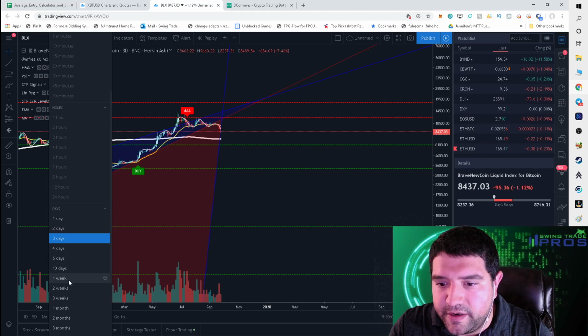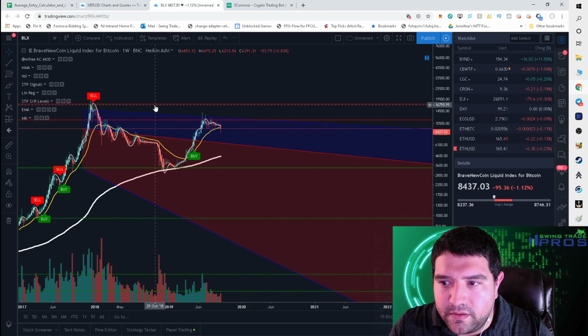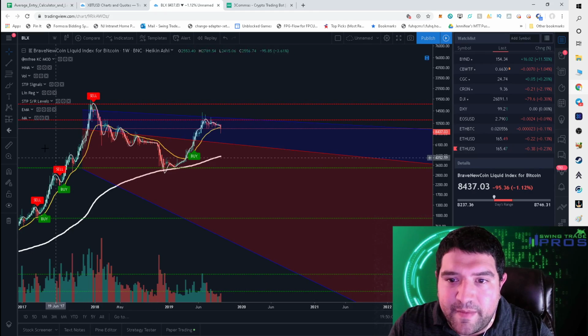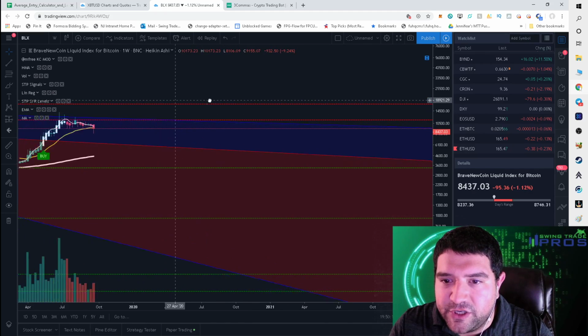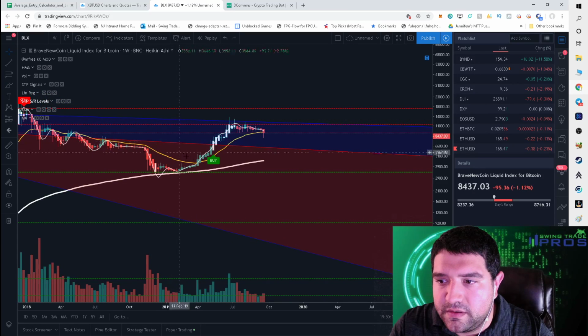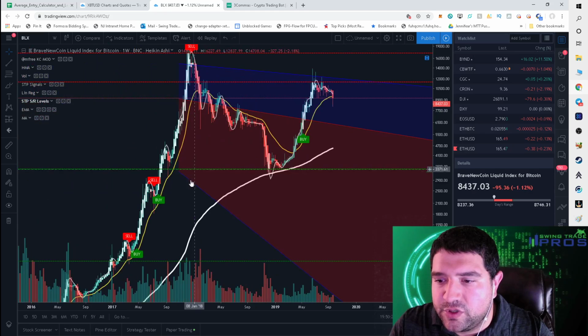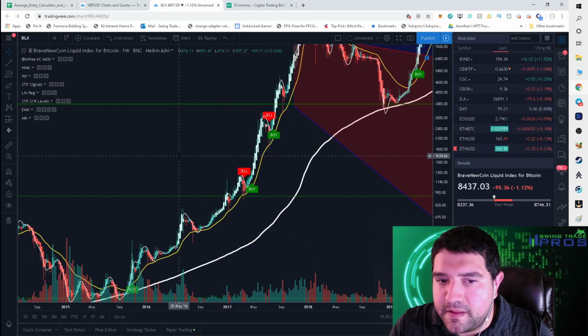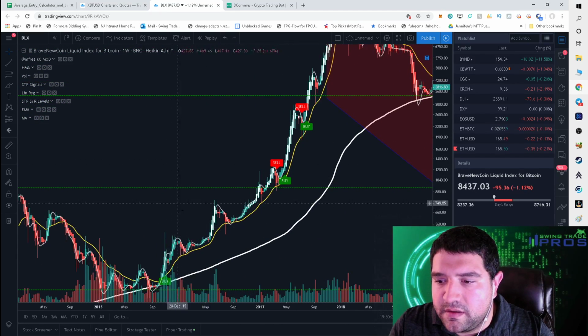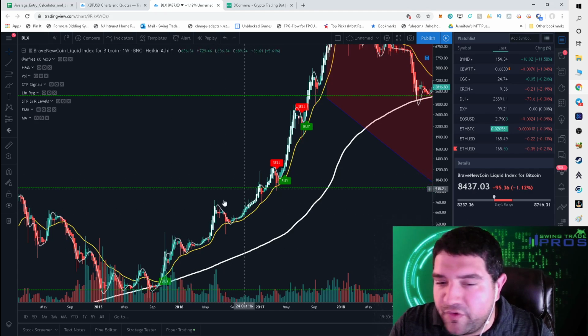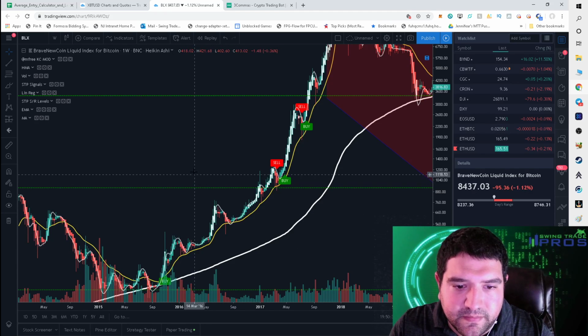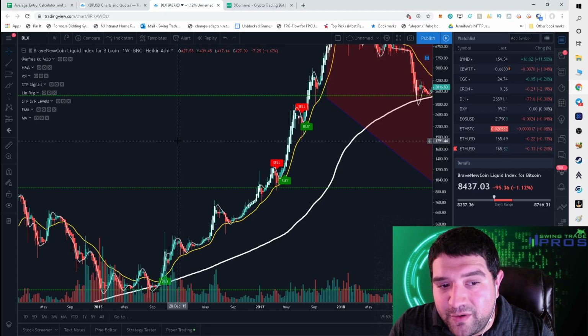And this is actually a 3-day. The 20 EMA is the yellow, the exponential moving average. Sorry, I'm not being clear. Bitcoin usually makes exponential moves, right?